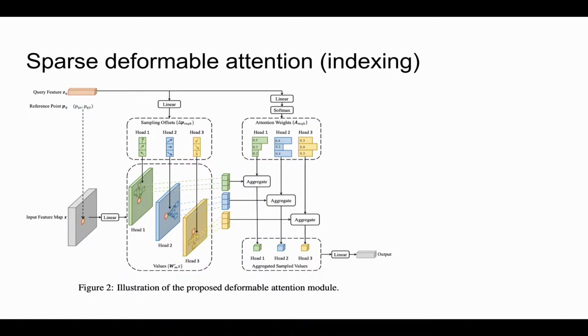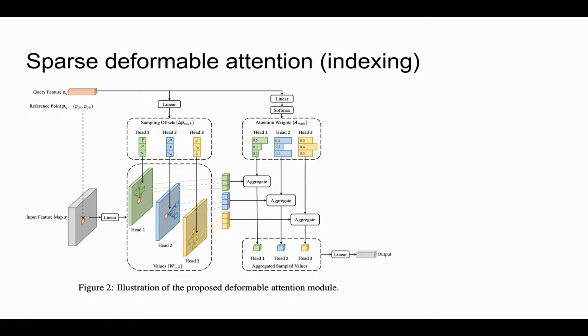Or I can index. So I can say, okay, for this point, I want to look here, and look here. So for this point, I can compute 6 values: delta x1, epsilon 1, x2, epsilon 2, and x3, epsilon 3.